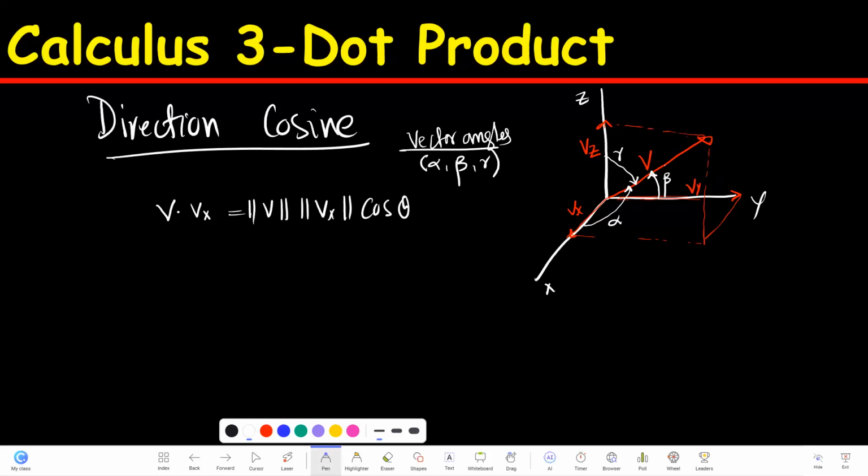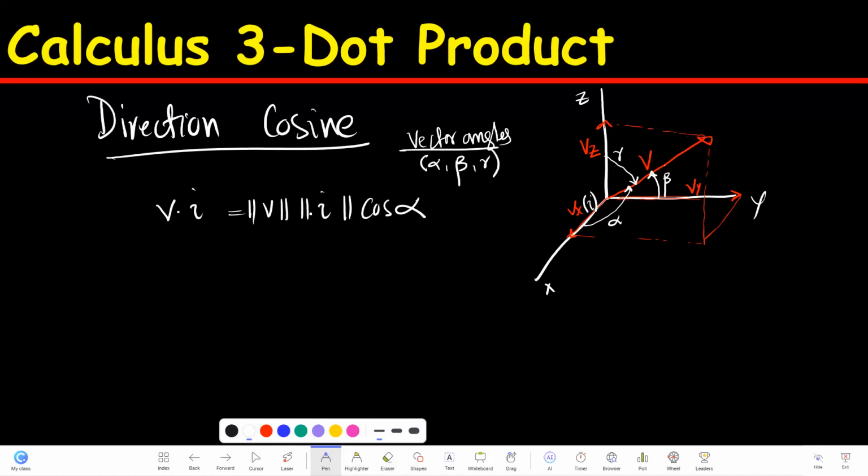It's not cosine theta, because here it is alpha, so I can replace theta with alpha. Now this vx is a unit vector, so I can call it the i vector, and I'm going to call it v dot i.